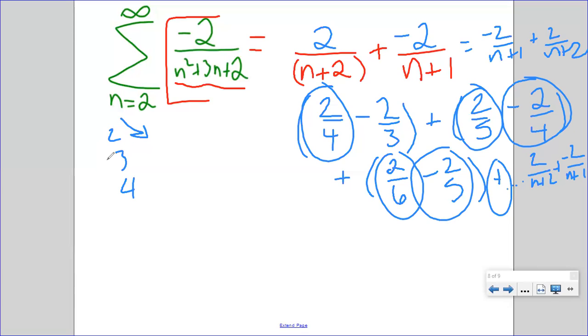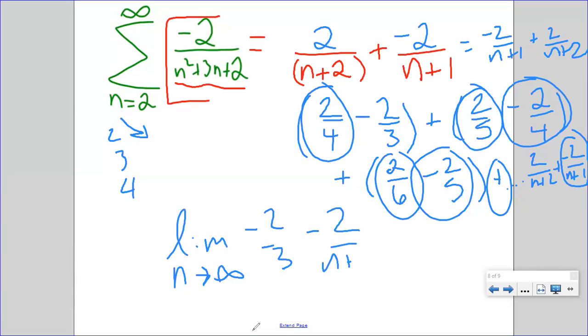The first term is going to cancel out with the second of the other. And so we're just left with this extra little bit right here. So the limit as n approaches infinity would be -2/3 minus 2/(n+1), which is just -2/3.